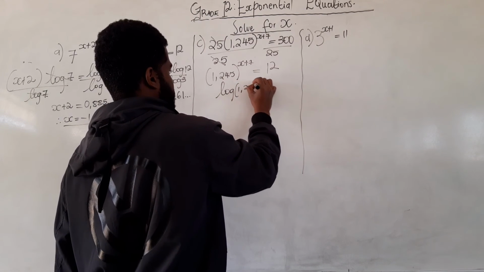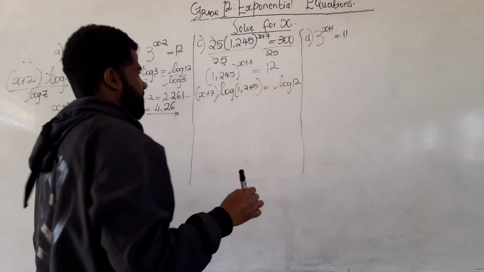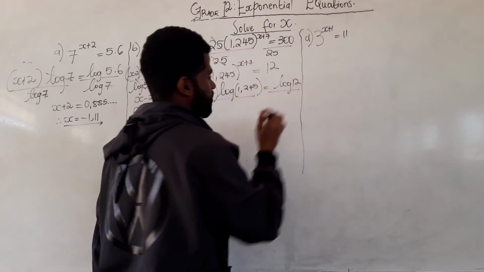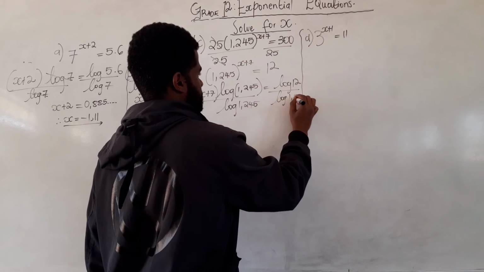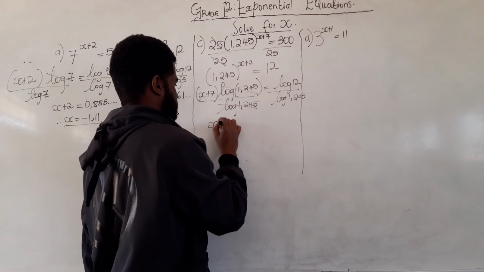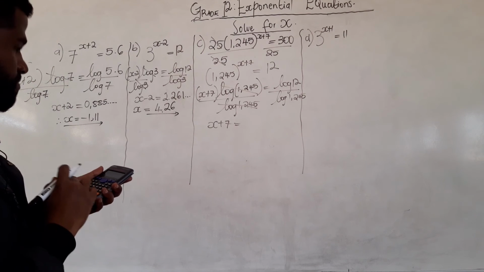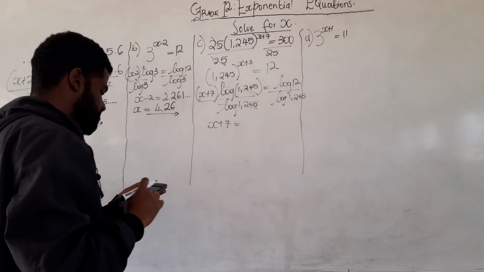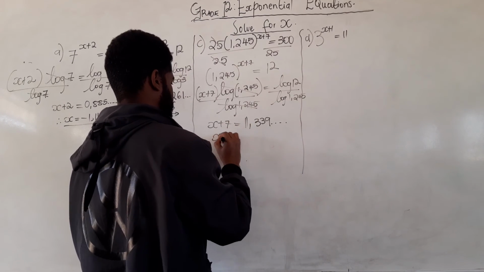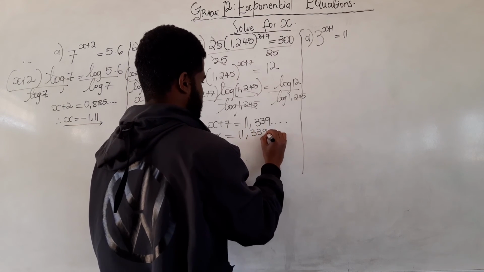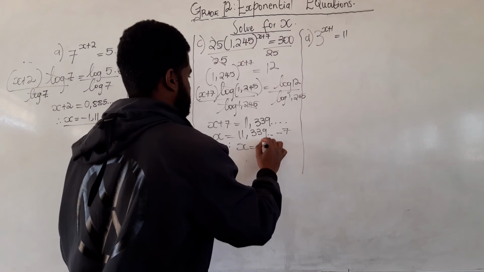Log 1,245 to the power x plus 7 is equal to log 12, and then we divide both sides by the logarithm of 1,245. This cancels out this one, and we are left with x plus 7 is equal to log 12 divided by log 1,245. This is 11,339 recurring, so x is equal to 11,339 minus 7. Therefore, x is equal to 4,33.